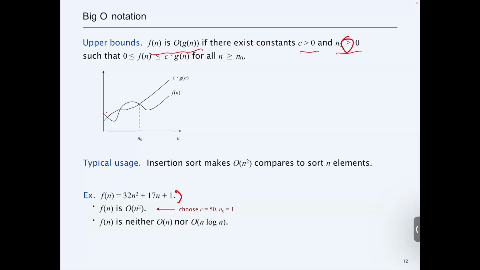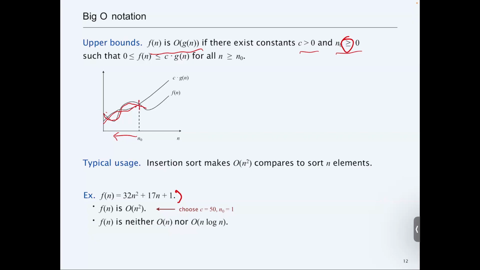The functions might cross each other, so here's your f of n, and here's your g of n that looks something like this. Anything to the left of this n naught, I don't really care what happens. One might be temporarily larger, one might be smaller. We don't care. Asymptotic analysis only cares about the behavior for sufficiently large inputs.